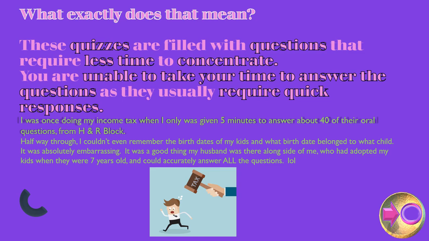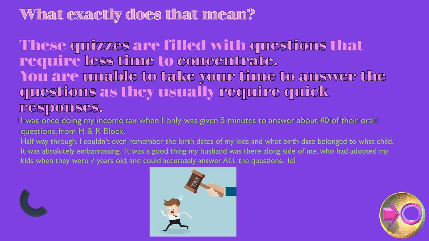I was once doing my income tax when I was only given 5 minutes to answer about 40 of their oral questions from H&R Block. So we were at the counter inside the office and they said, okay, even though you have an appointment, we don't do appointments, so the most we can give you right now is 5 minutes. And I had 2 years of income tax to do.